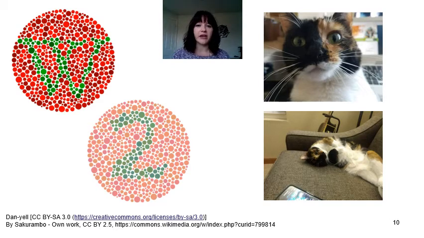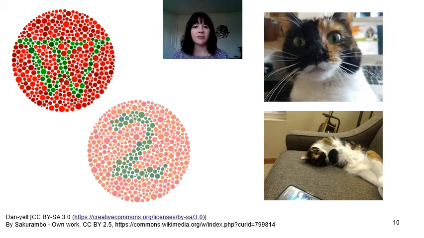Red-green blindness is more frequently seen in males. On the right here, we have some pictures of my adorable cat, Annie. She is called a calico cat, right? She's got this mixture of orange and black fur. This calico feature is more commonly seen in female cats than males.